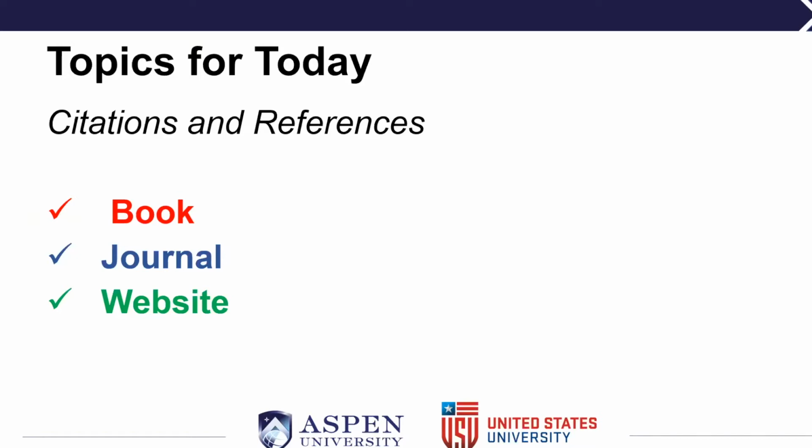Everything else you can pretty much look up either online or in the APA manual if you have some different types of references. So today we're going to cover basically how to do a basic book reference, a journal reference, and a website reference. Once you can get down that formula, it's not as complicated.